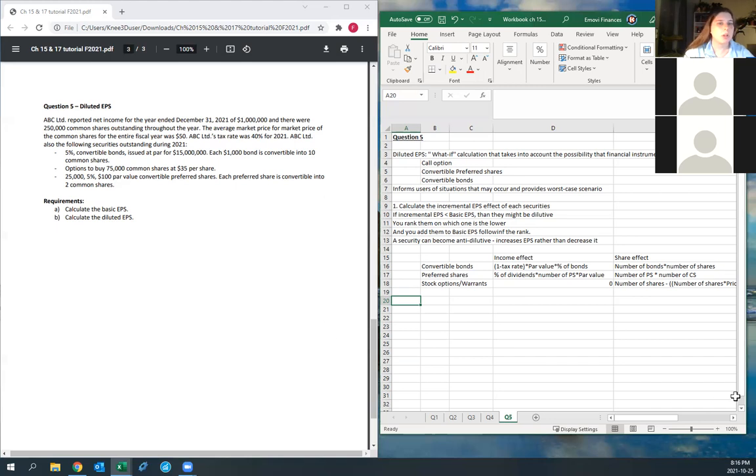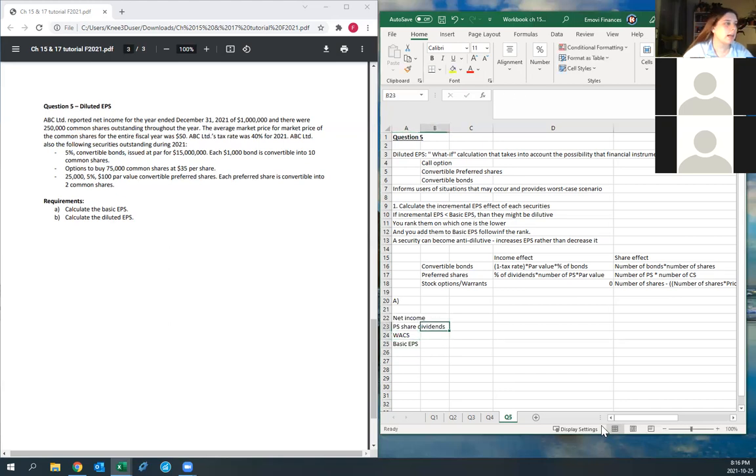So first, you're going to want to calculate your basic EPS. And even if you know it's a diluted EPS question, you always want to calculate that first. So your net income, your preferred share dividends, your weighted average common shares, and then your basic EPS.